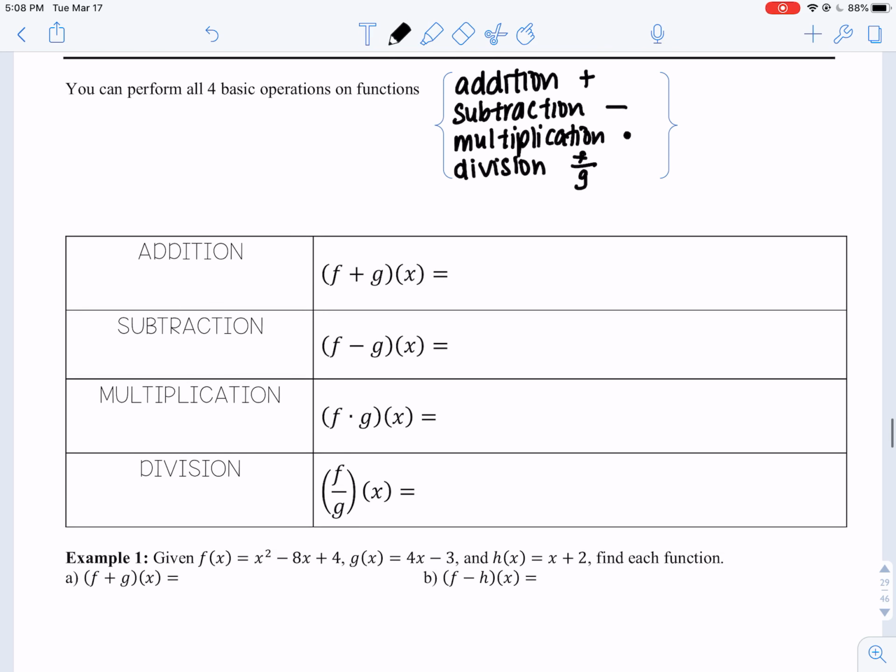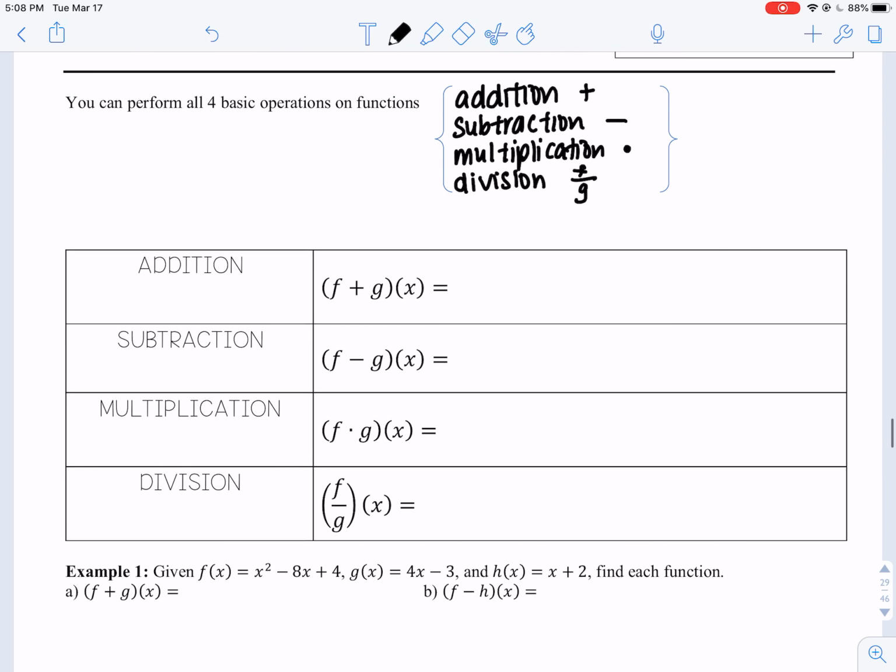Sometimes we might see our function notation like this. Let's go look at our first one. F plus g of x. If this is confusing, we're just going to break it up. This is the same as f of x plus g of x. Subtraction, same thing.